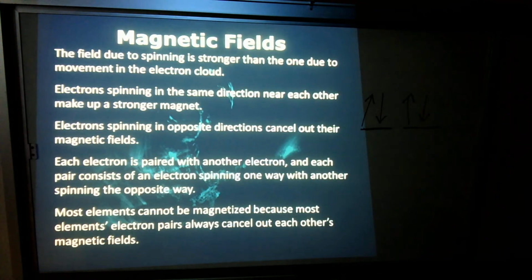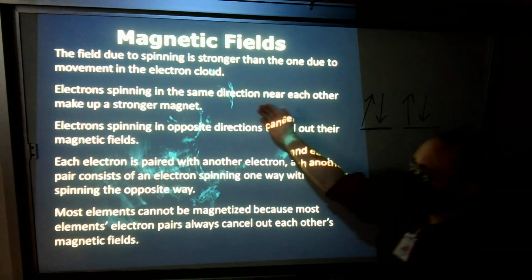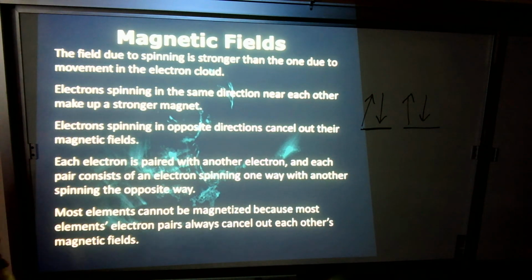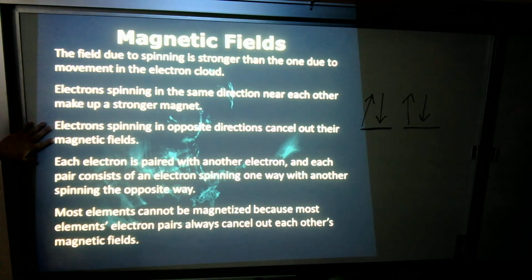All right, okay. So if they spin in the same direction near each other, they make a stronger magnet because they're spinning in the same direction, their magnetic fields add up. They don't really do that because they're always paired with an oppositely spinning one. So what usually happens, electrons spinning in opposite directions cancel out their magnetic field.